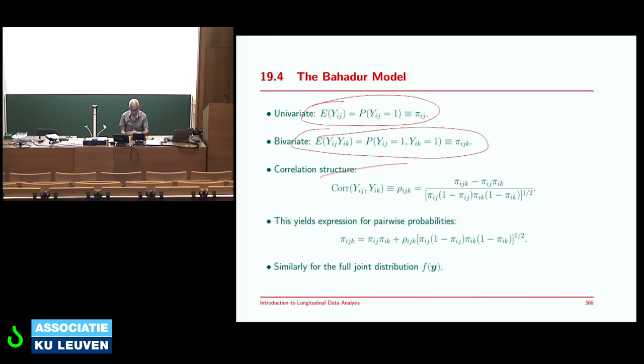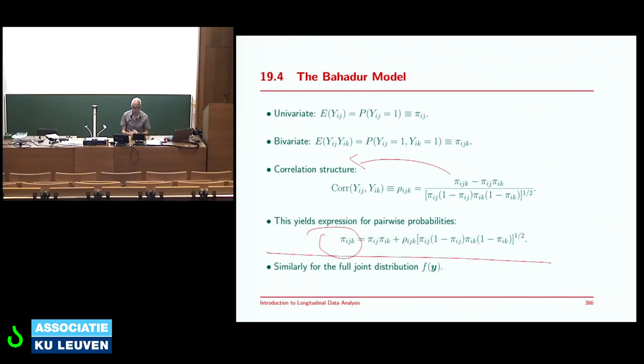The correlation is given here as well, the pairwise correlation. And from those, I can now say, hey, wait a minute, if the correlation is given as a function of pi, just as well can I turn it around and solve this for pi ij, and then I get pi ij as a function of the correlation, given the univariate probabilities.